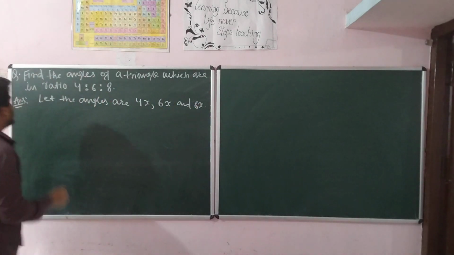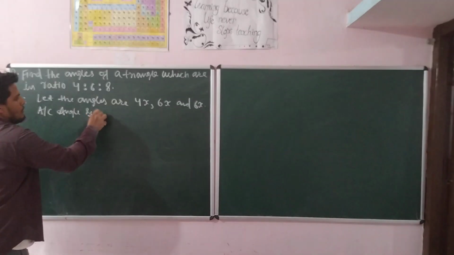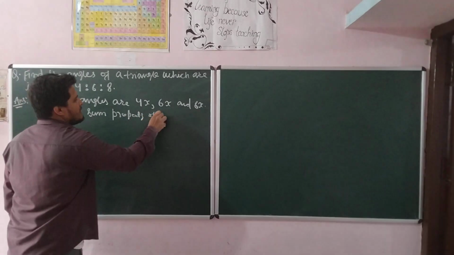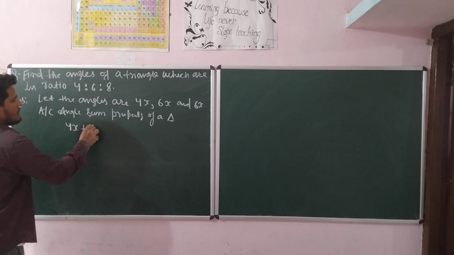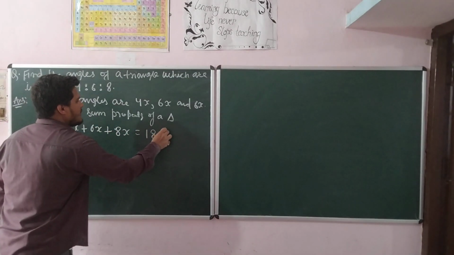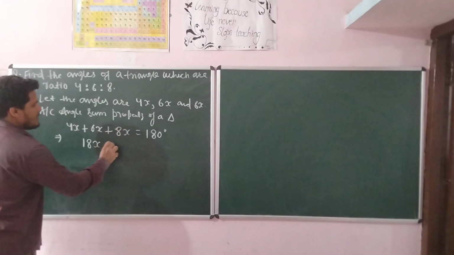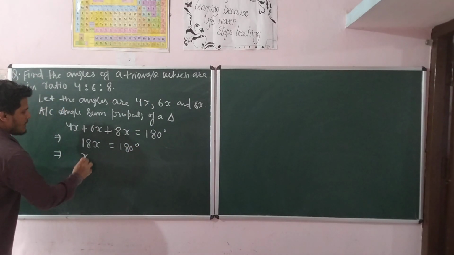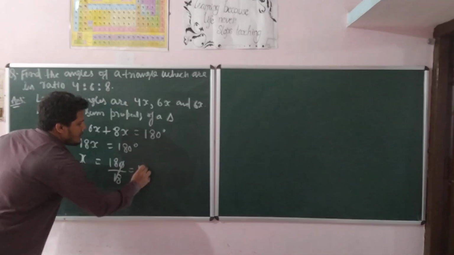According to the angle sum property, the sum of the angles of a triangle, 4x plus 6x plus 8x is equal to 180. 4 plus 6 is 10, 10 plus 8 is 18, so 18x is equal to 180. So x is equal to 180 divided by 18.